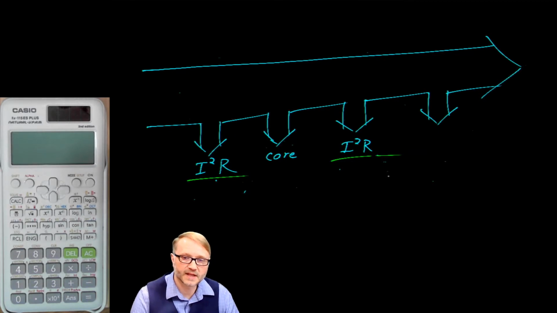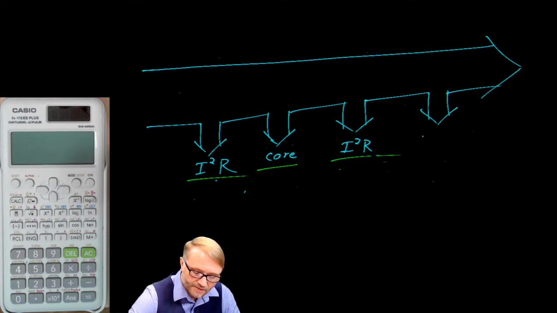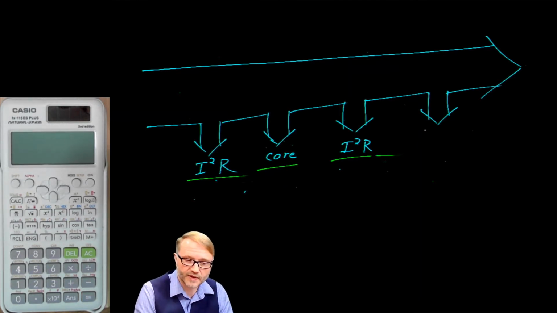It would also have losses in the rotor. It would also have losses in the core. And then we'd have something called friction and windage. Friction because there are parts moving relative to each other, and windage because you typically have a fan, and that fan is blowing air across the motor to keep it cool.